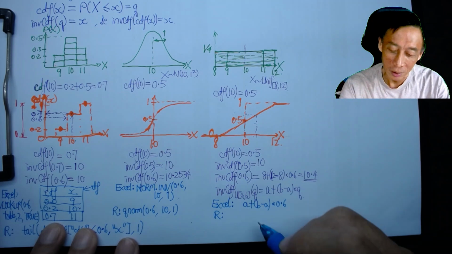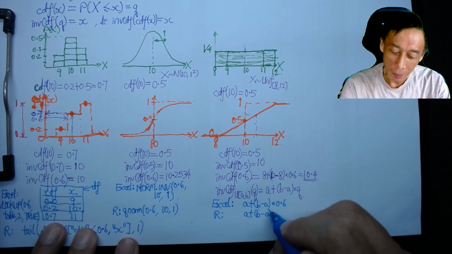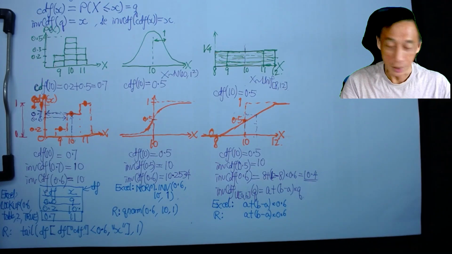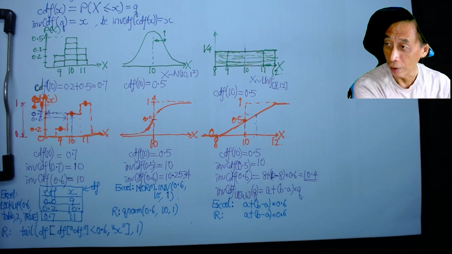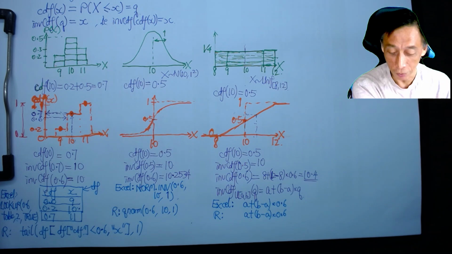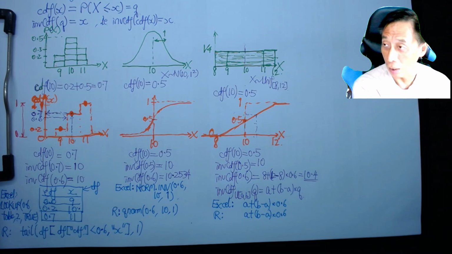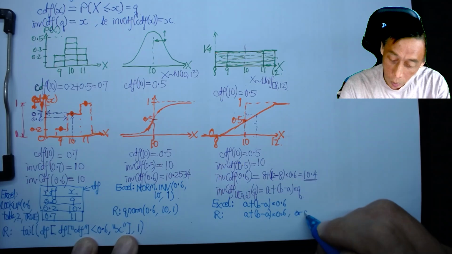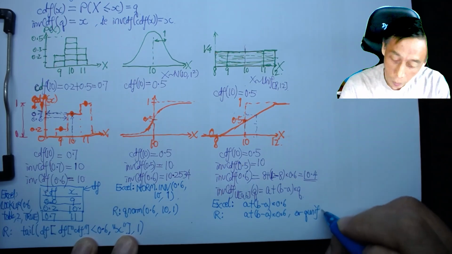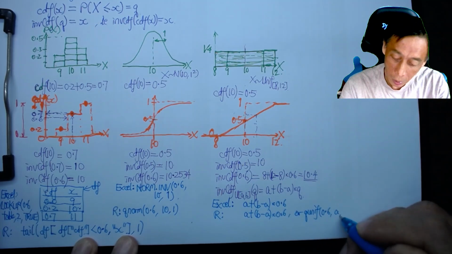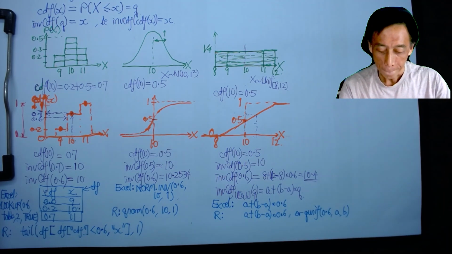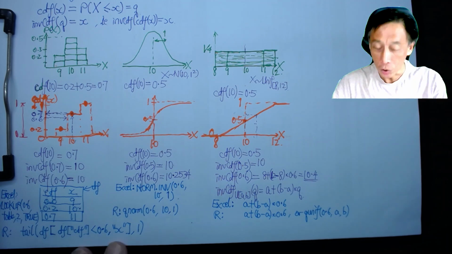Or just simply A plus (B minus A) times 0.6, same. And qunif is to give us the same calculation, I think, yes. So qunif of 0.6, comma, A, comma, B, which is the 8 and 12.